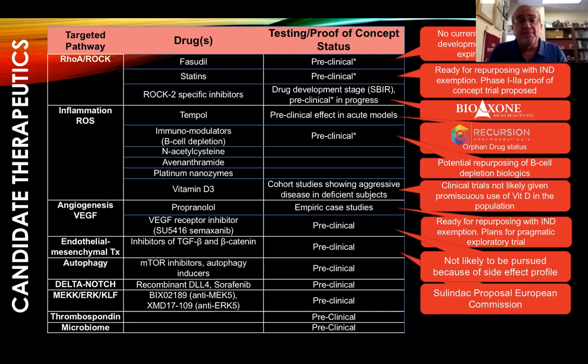There is the drug propranolol that you have heard about that may also work in altering angiogenesis, and there have been some case studies suggesting that, and propranolol is likely to come to clinical trial at some point if additional hoops are jumped through to show a mechanism of effect. Next slide.